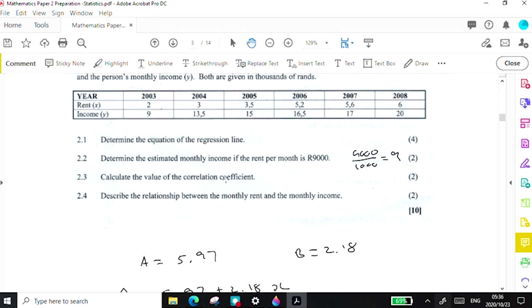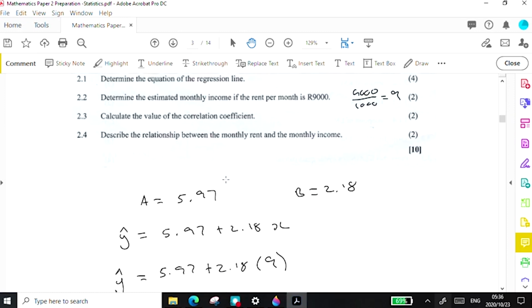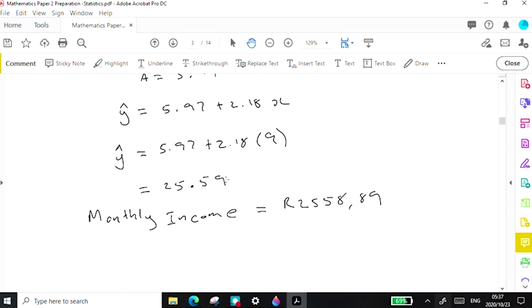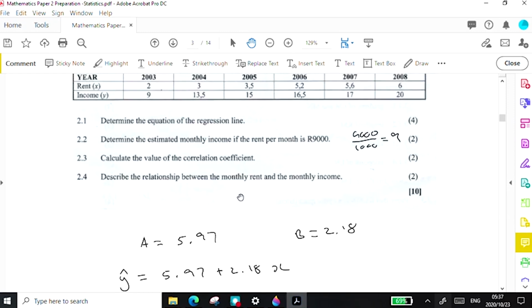For this calculator, you should press number 3. After pressing number 3, you press equals, then you should get the correlation coefficient. In my case, the correlation coefficient is 0.94, which is R on your calculator, small letter r.